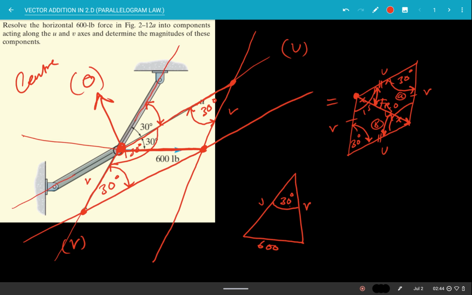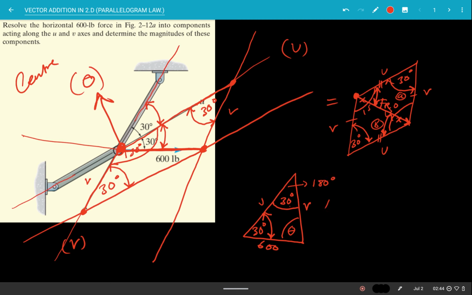So the 30 I'm having here will help me with everything. So that 30 is here, like that. So I can find the other angle here, which is theta. This is a triangle, it adds up to 180 degrees.